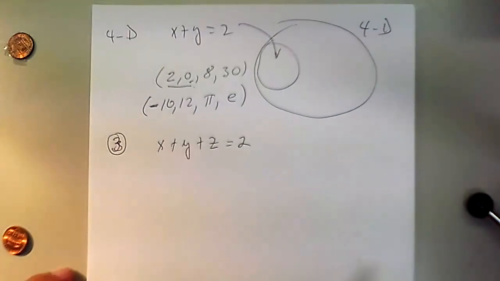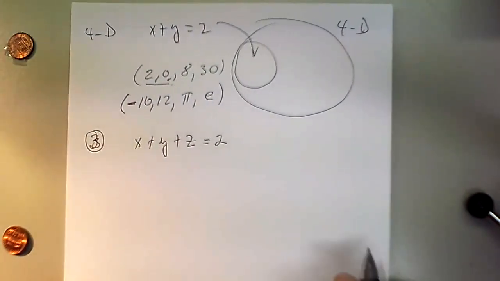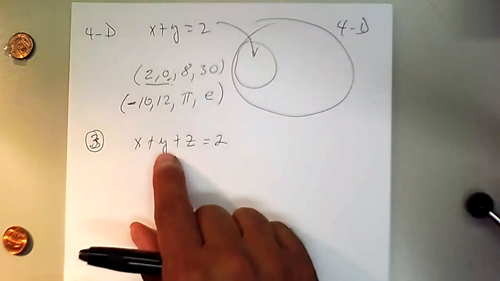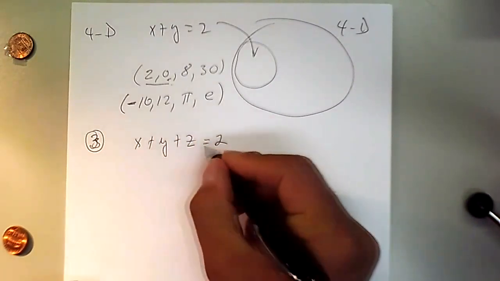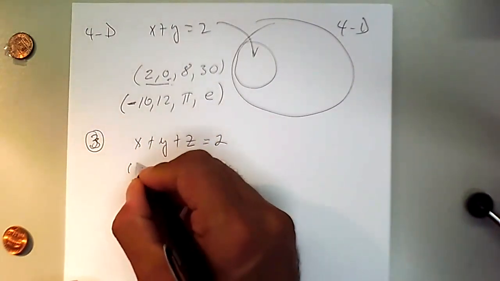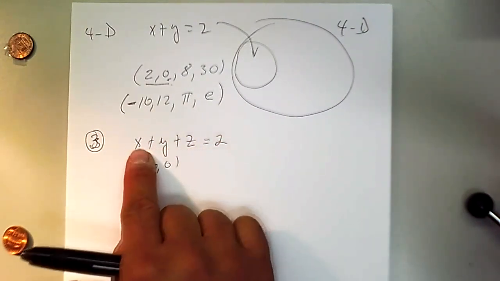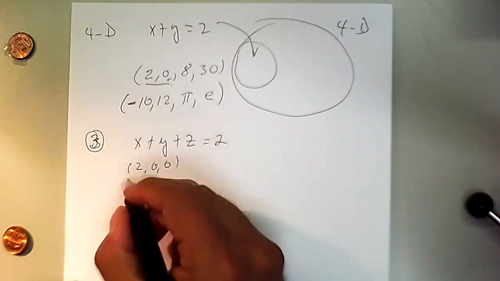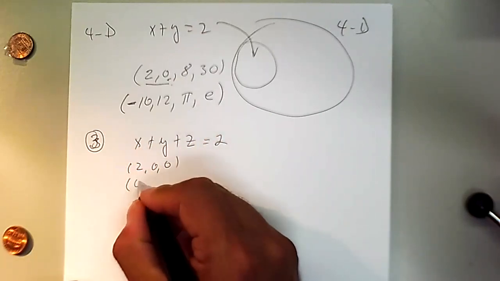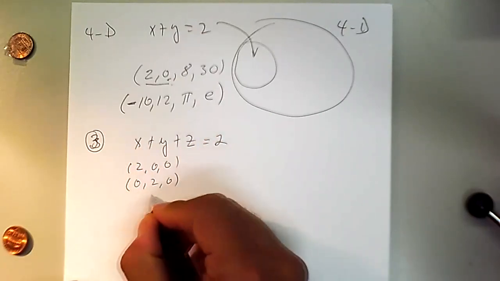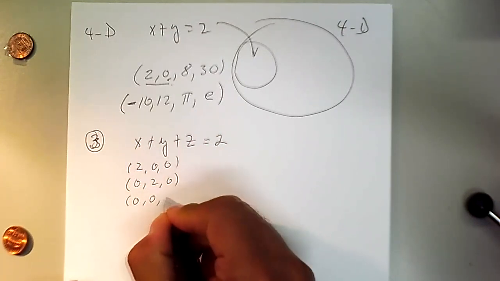The easiest way for me to visualize this is to pretend y and z are 0. So what points are in this plane? Well, we got 2, 0, 0. If those two are 0, then that forces x to be 2. Likewise, we have 0, 2, 0 and 0, 0, 2.